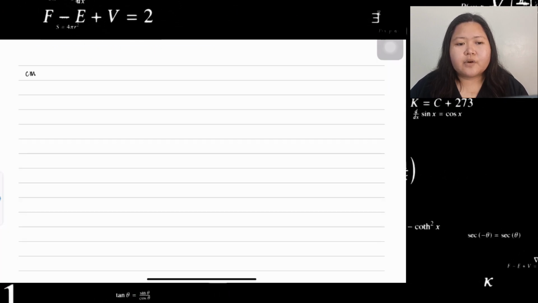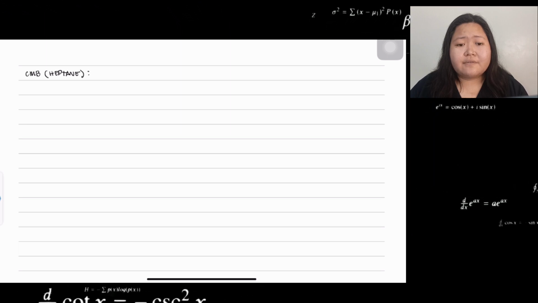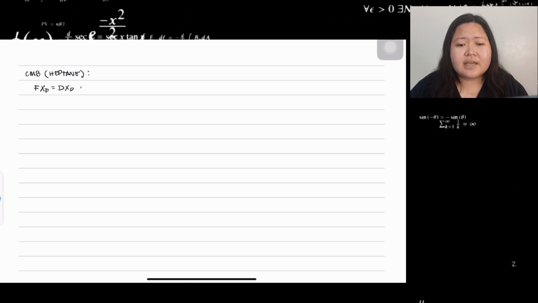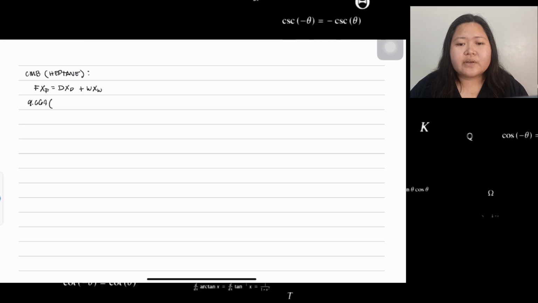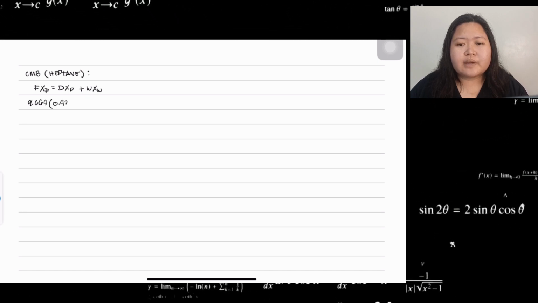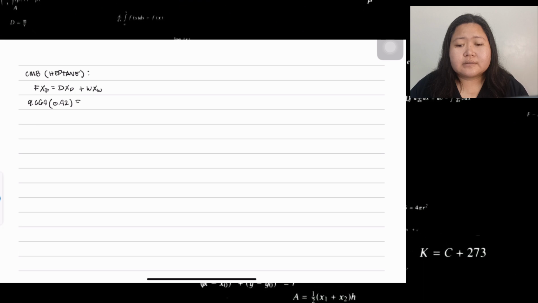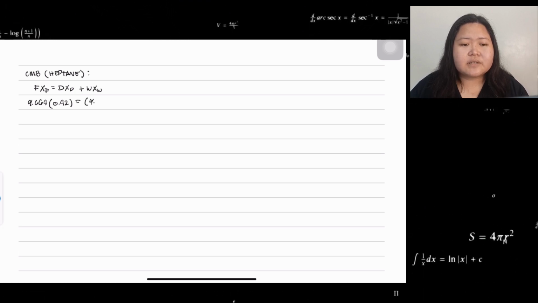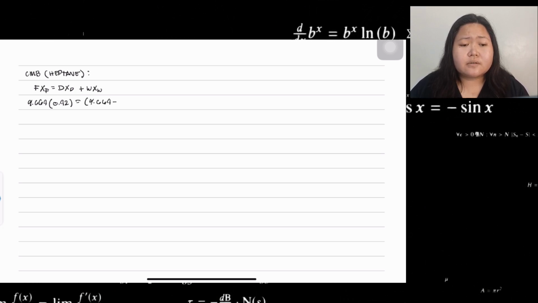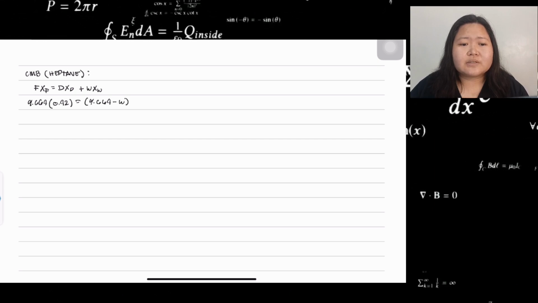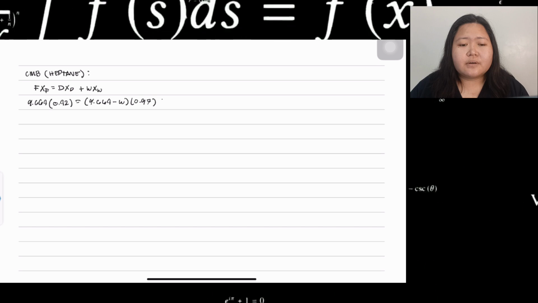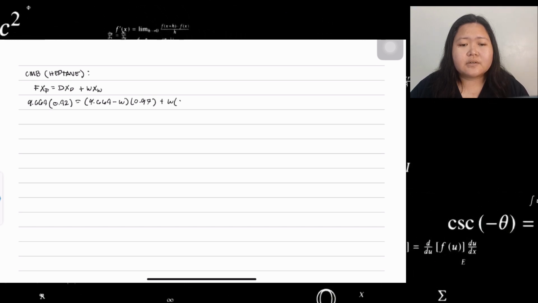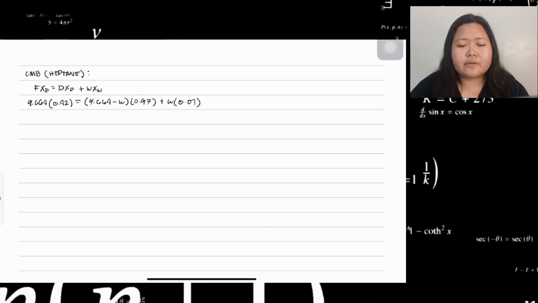Next, we will perform a heptane balance, and that is XFA equals D XDA plus W XWA. Then we will input values and it will become 9.664 times 0.42 equals D times 0.97 plus W times 0.01, and this will be our equation 2.